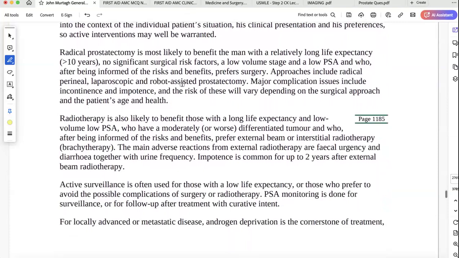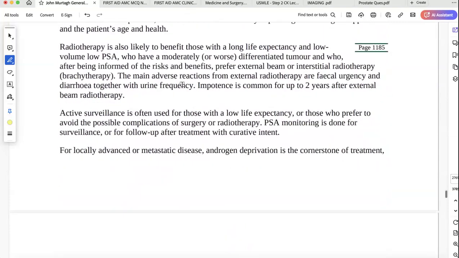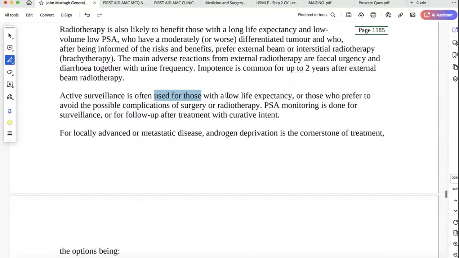So active surveillance is used mainly in patients with a low life expectancy. That means someone who is very elderly, has less than 10 years life expectancy. So in Australia, the average life expectancy is between 82 to 84. Someone who is more than 75 years old has less than 10-year life expectancy.